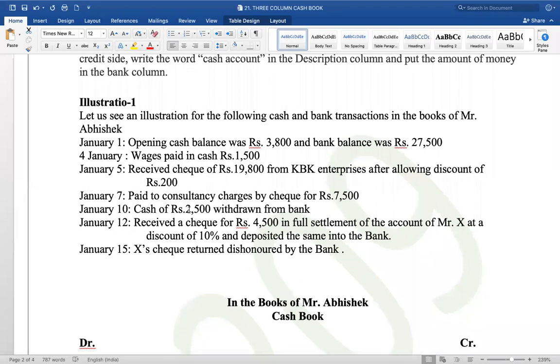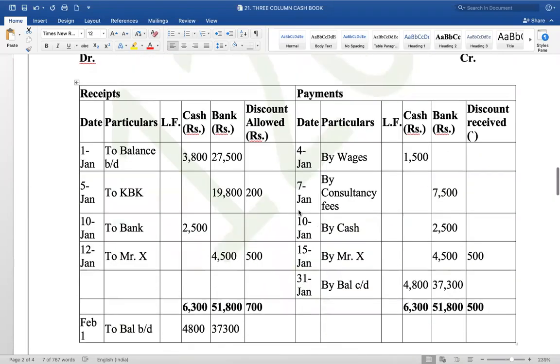Now on January 10th, this is a typical scenario. Cash of 2,500 withdrawn from bank. When you're withdrawing from the bank, the cash balance increases, right? Bank balance decreases. The cash balance increases, so what shall we do? Debit.